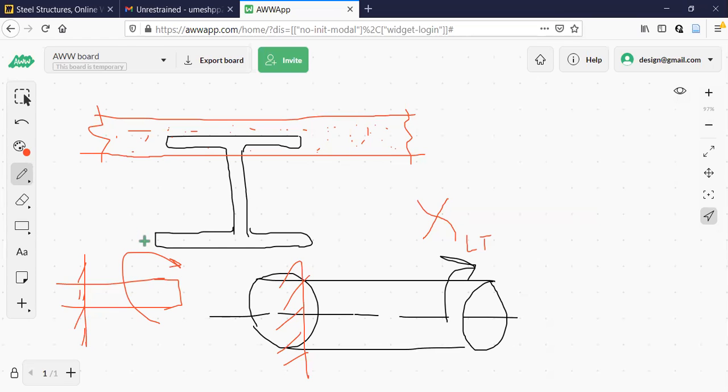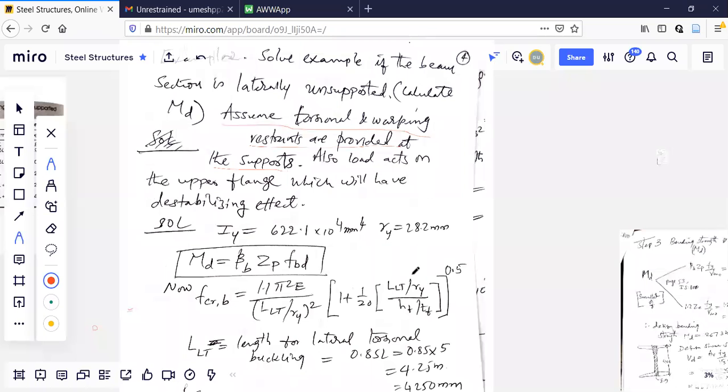So here that assumption is there in this problem. What they are telling? Assume torsional and warping restraints are provided. Remember, only at the supports. Throughout the length, if it is there, it means it is an example of compression flange inside the concrete. They are telling only assume torsional and warping restraints are provided at the supports, not throughout.